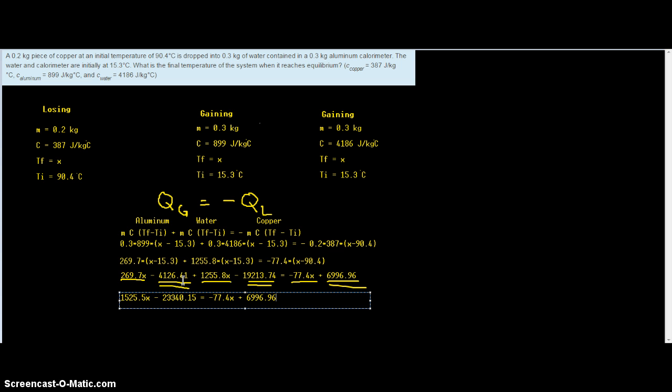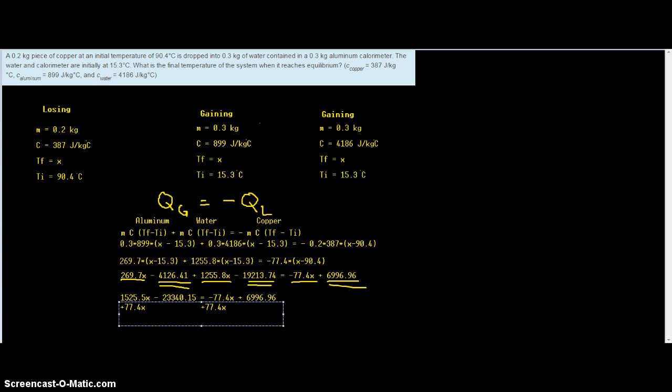Now I am going to add, let me write this here so we can see it. I'm going to add 77.4x to both sides to get a positive value out of this, and to eliminate that value off of the other side, so that's 0.